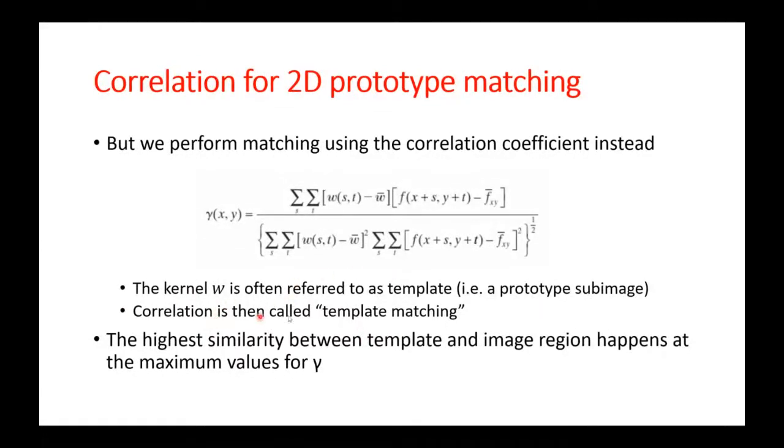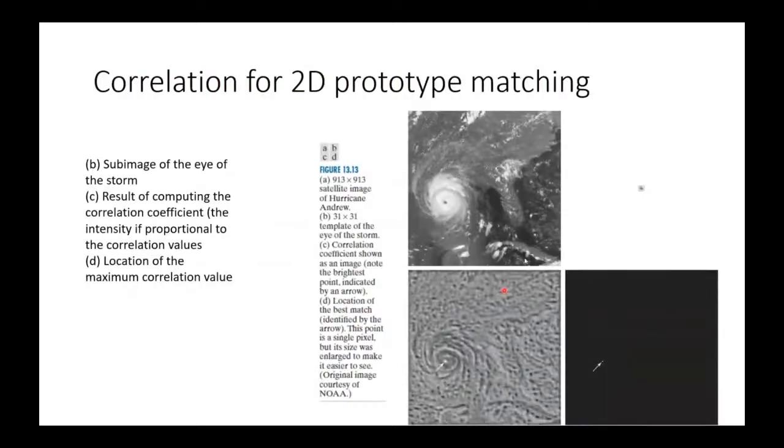And in this case, the correlation is called template matching. What we do is just calculate this coefficient and get the highest value. So the highest value of this coefficient represents the highest similarity between the template and the image region. An example of that: you get an image of a hurricane, Hurricane Andrew, and we want to locate the eye of the storm.